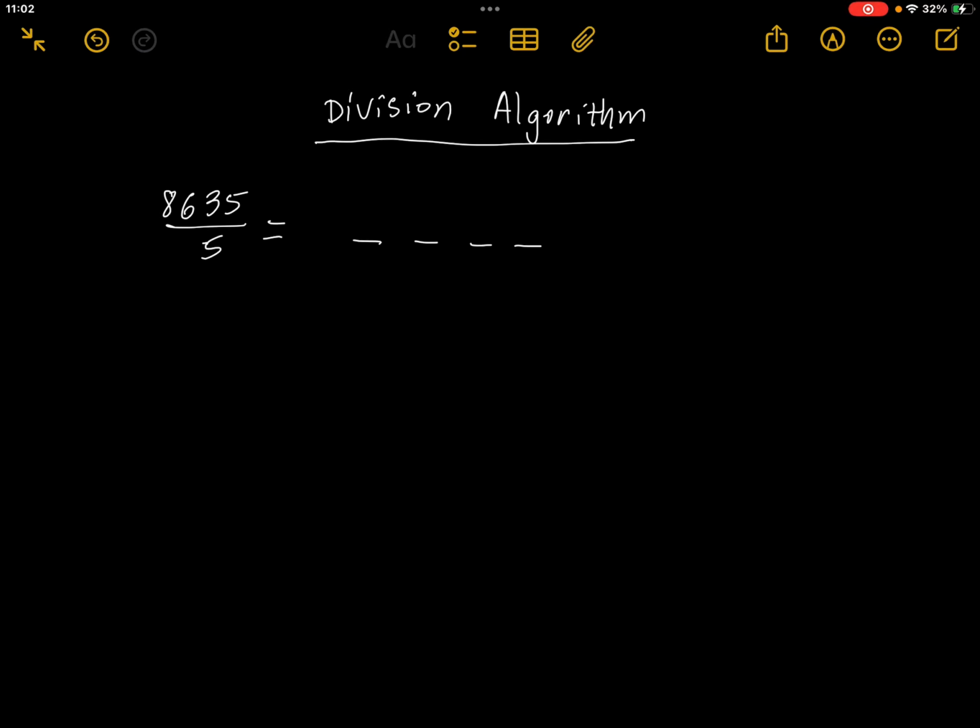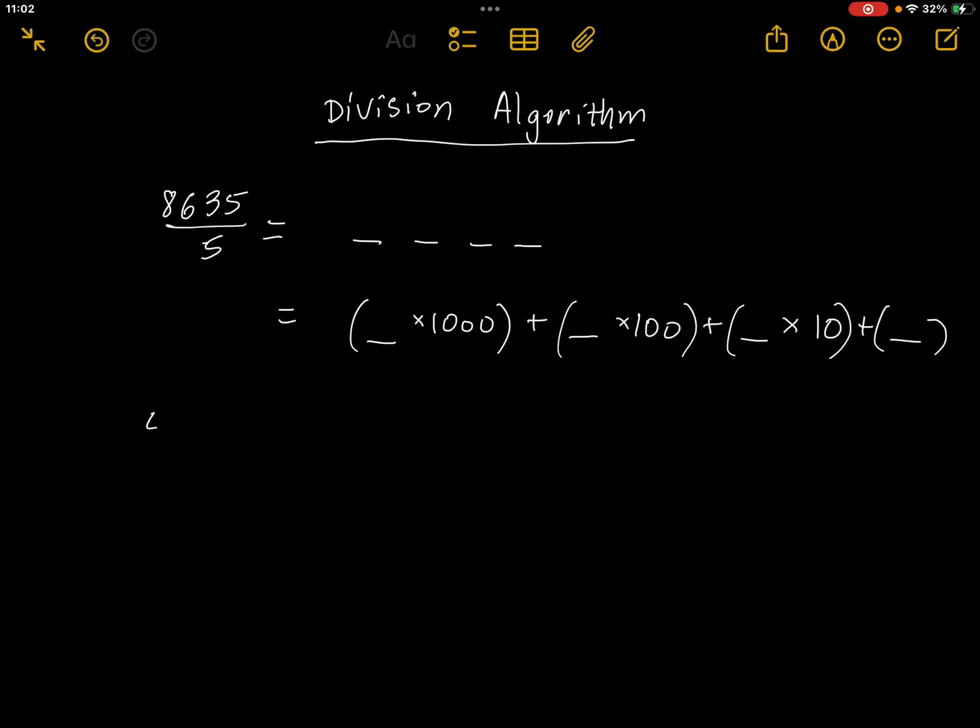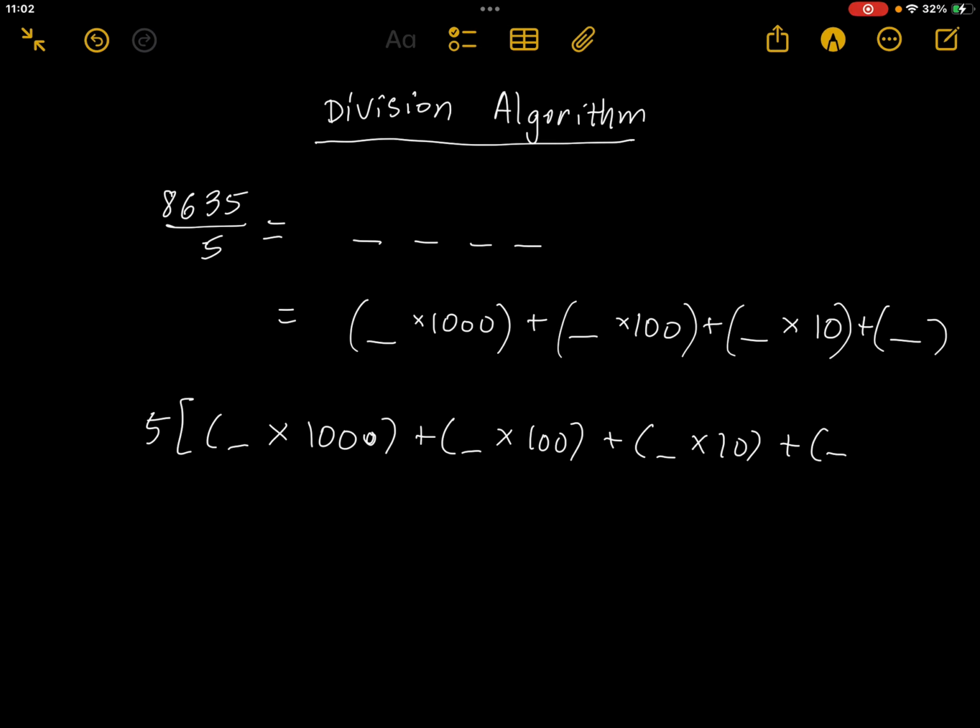Well, remember that any 4-digit number, I can write it as some number times 1,000 plus some number times 100 plus some number times 10 plus some number. So this number, when I multiply it by 5, should give me 8,635. 5 times something times 1,000 plus something times 100 plus something times 10 plus something should equal 8,635.